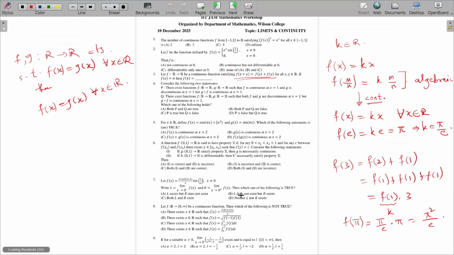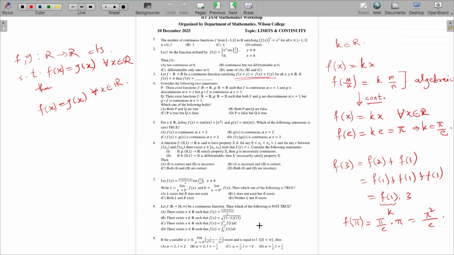Okay, I'll make a move to something else. In fact, even the seventh can be discussed on similar lines. Sixth, seventh, I'm skipping. We will try simple ones. Look at the eighth for that matter.